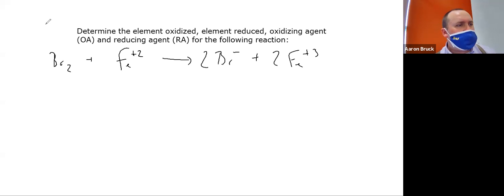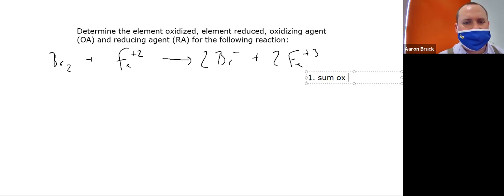So what we have to remember are our cardinal rules for assigning oxidation numbers. Remember, there are 2 pretty key ones. One, the sum of the oxidation numbers has to equal the charge on the ion or the molecule in total.